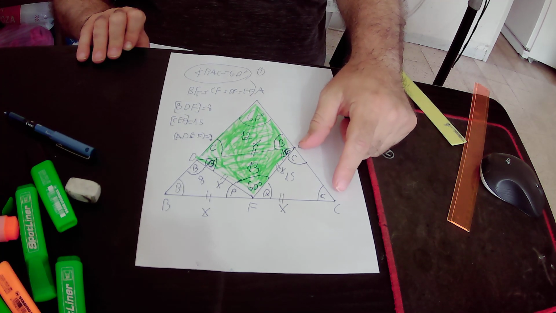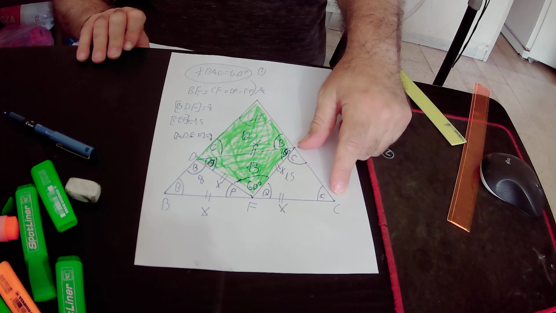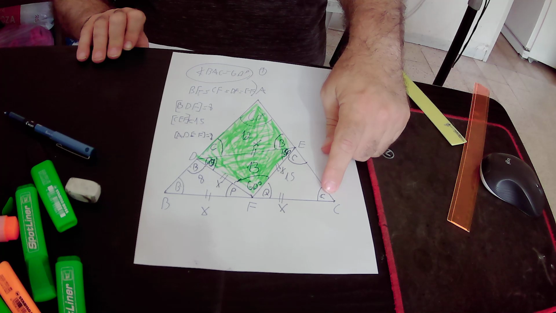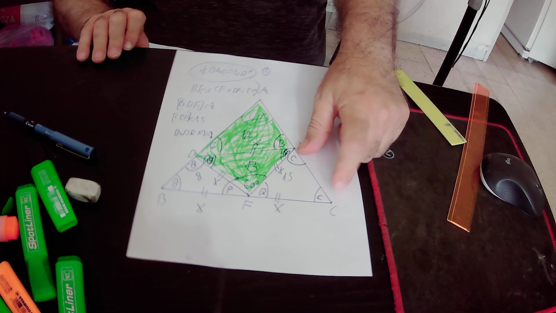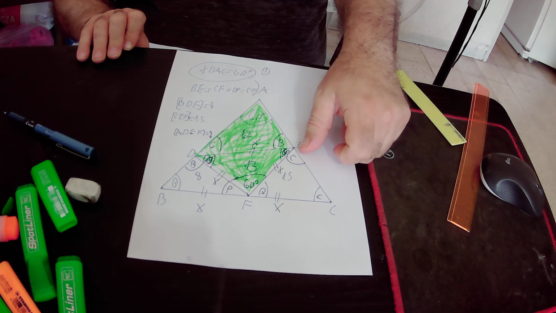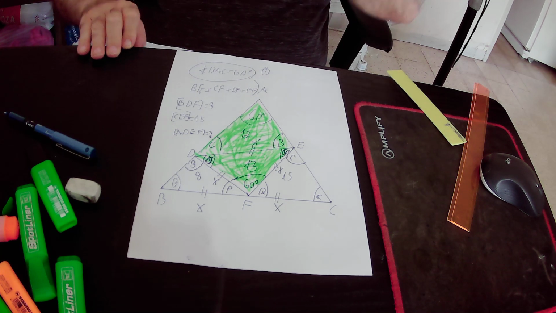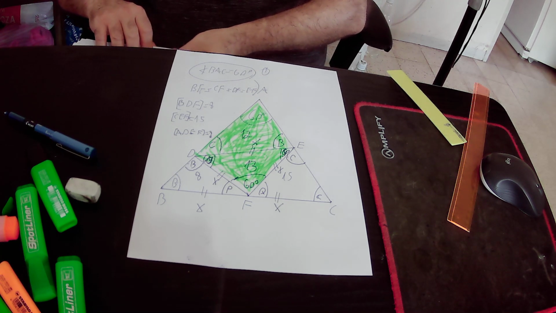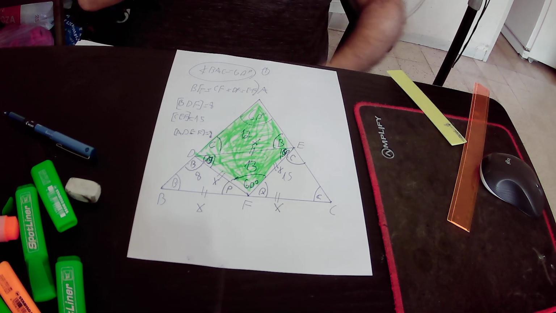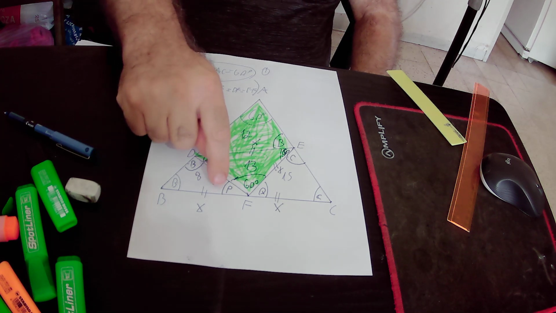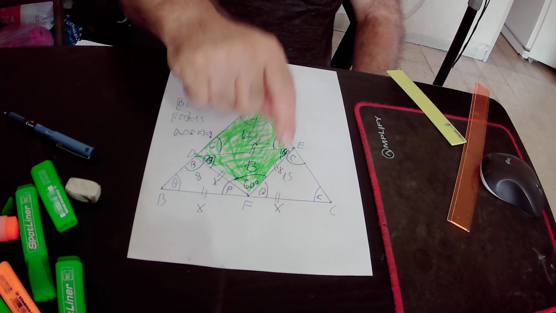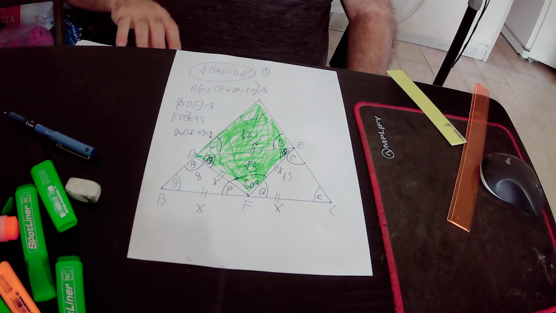So those two angles are equal to each other, and we know that this angle is C, so this angle must also be equal to C. Then we defined this angle as P, and this angle as Q.